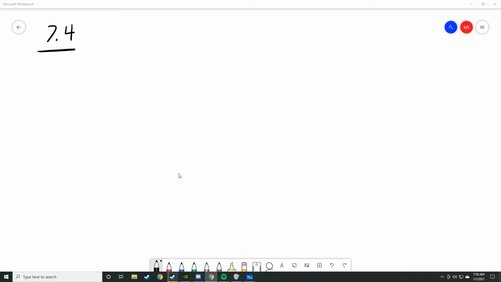So 7.4 says, a spaceship is sent to investigate a planet of mass m and radius r. So let's draw our planet. Okay, it's got a mass m and a radius r. This is how they've drawn it in the book. Radius r like that. And it says, here's our axis.